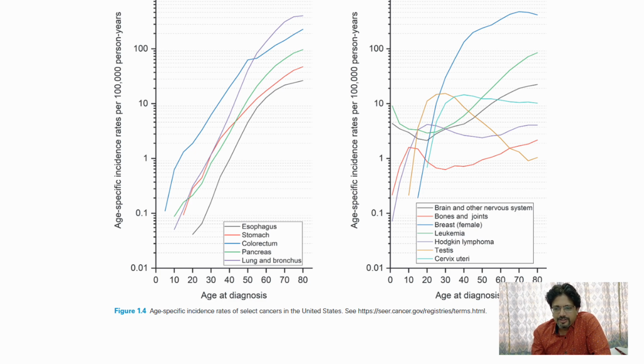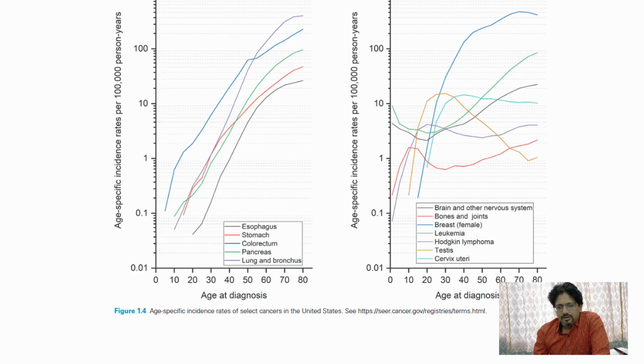Like for breast cancer, please see, as the age increases, the risk of cancer increases. But around 50 to 60, there is a slight dip in the increase in the risk of incidence.